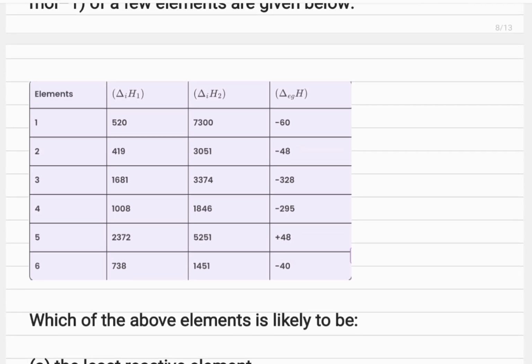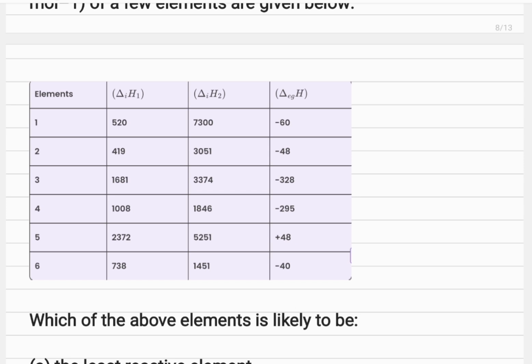Now let's first look at the data and find out if we can classify these elements as metals, nonmetals, and noble gases. I told you before that noble gases tend to have a positive electron gain enthalpy. That means they are very, very reluctant to accept an electron, and obviously because they are noble gases, they are very stable.